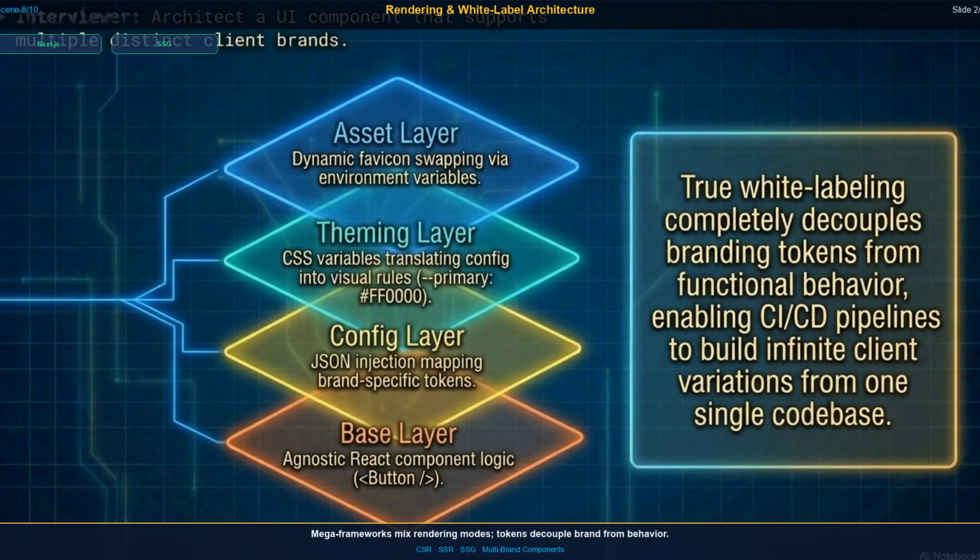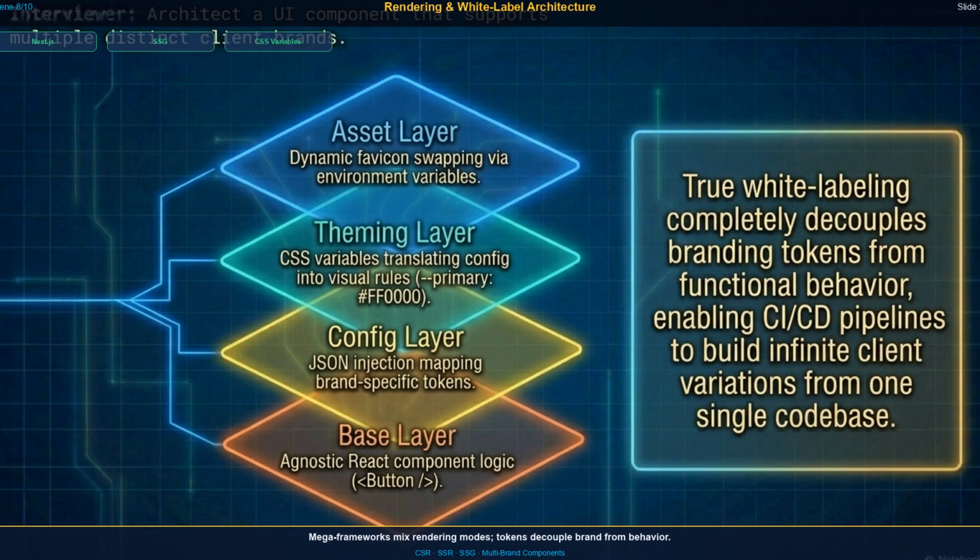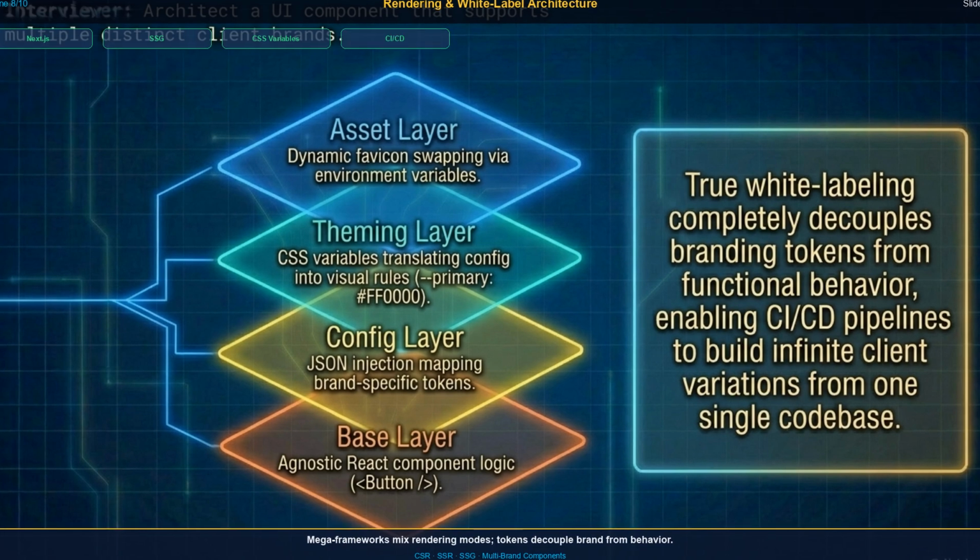For white-label UI architecture, walk through 4 layers bottom to top. Base layer, agnostic React component logic, a generic button that knows nothing about brands. Config layer, JSON injection mapping brand-specific tokens at build or runtime.